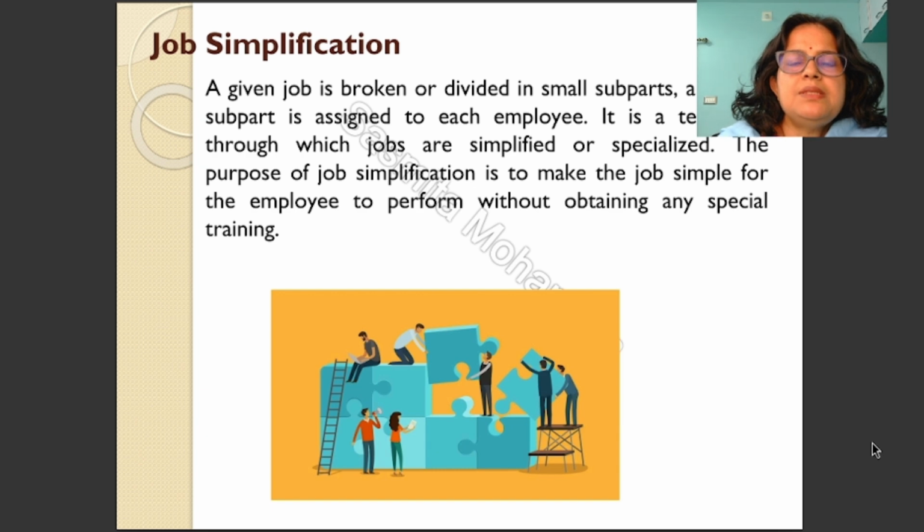Why job simplification? A job is divided into small parts and subparts, and according to the required specialization or skill of the employees, the subparts of the job are distributed among them.